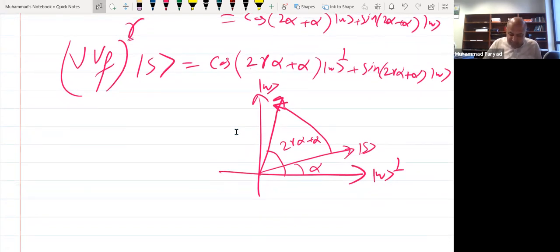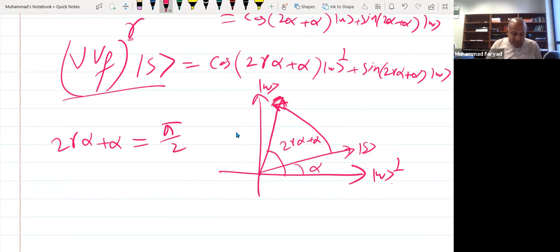If we are lucky, what we can do is make this angle 2R alpha plus alpha equal to pi by 2, so that this state exactly aligns with the omega axis, so that if we just measure this state, let's call it some state psi at the end, then if it is completely aligned with this, the probability of error would be 0.